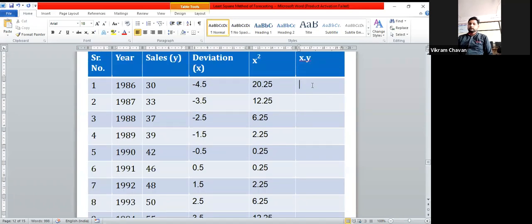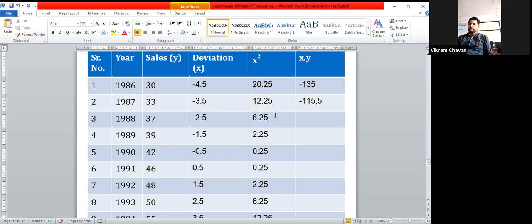So 30 multiplied by minus 4.5 is minus 135, right? 33 multiplied by minus 3.5, minus 115.5. Do the calculation, everyone, because if you make any mistake in one of the calculations, then your entire problem will go wrong.